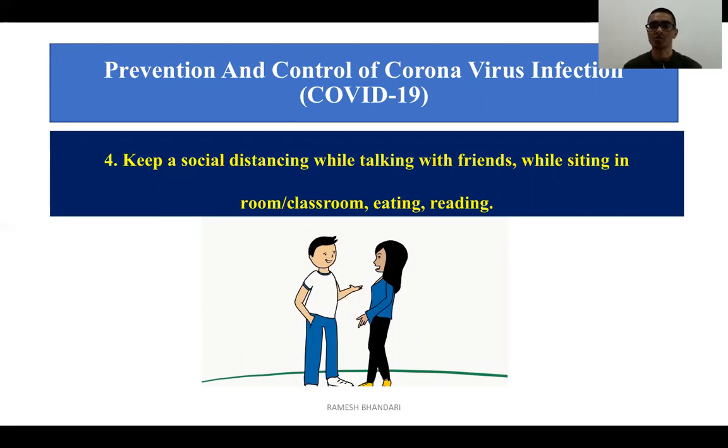COVID-19 virus infections. Why are we maintaining a social distance of around 1.5 to 2 meters? As you know, the COVID-19 virus is spread through respiratory droplets. The respiratory droplets produced during coughing, sneezing, and speaking can travel a distance of around 1 to 1.5 meters.